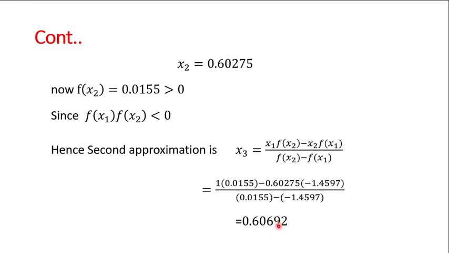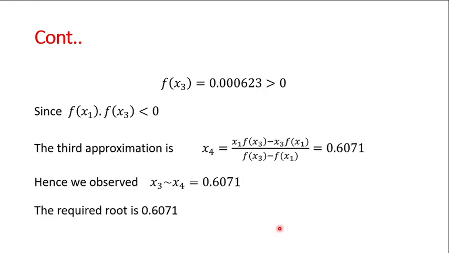Before that, find out f of x3. Here f of x3 is 0.000623. Again it is greater than 0. Therefore, the given root lies between x1 and x3, because f of x1 is negative and f of x3 is positive.